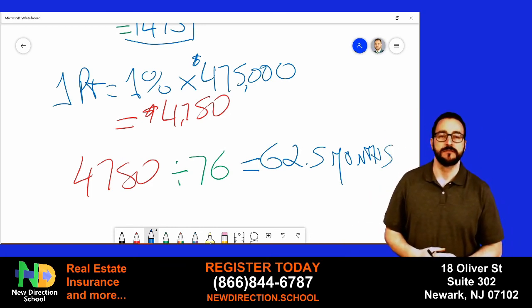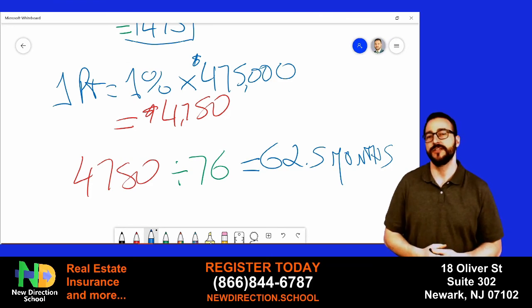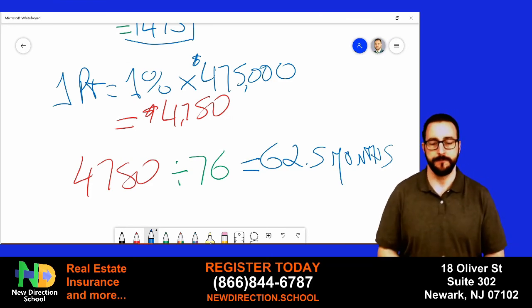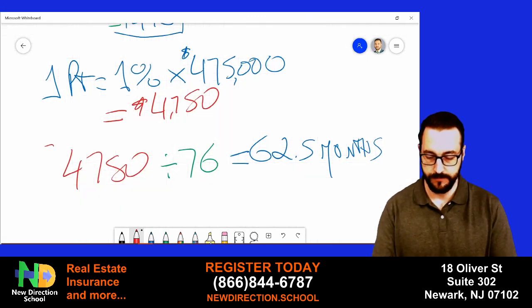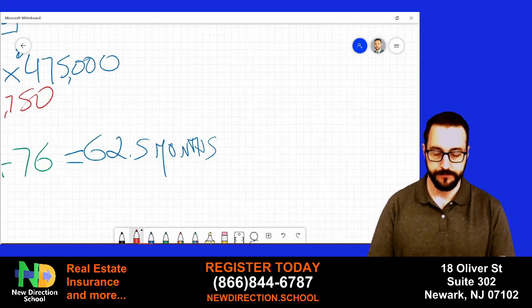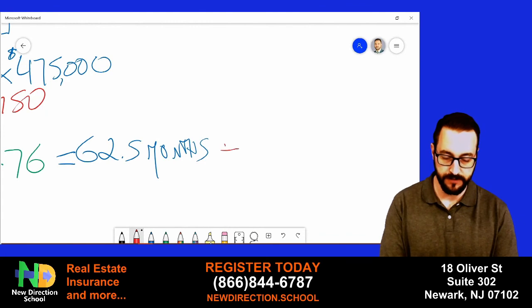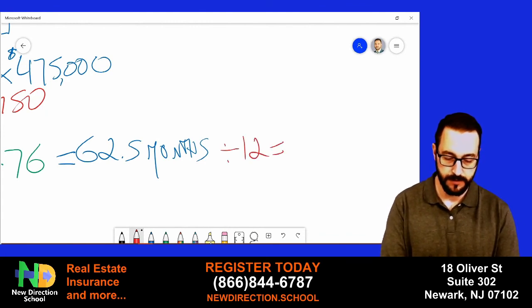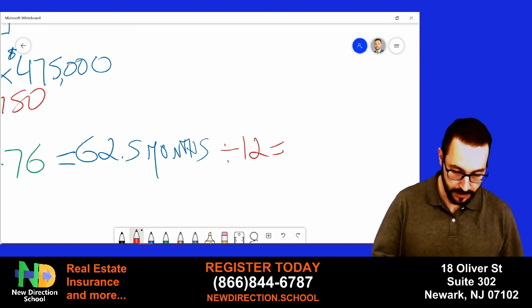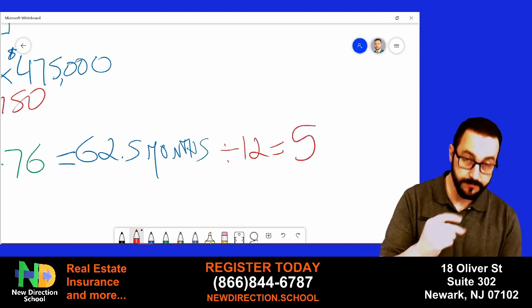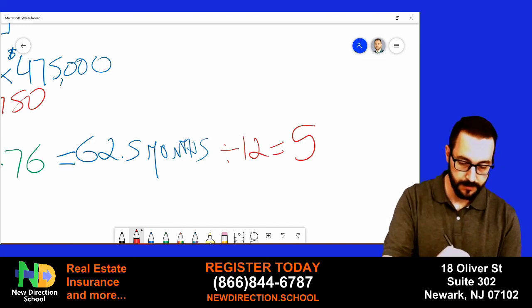62.5 months. How many months do we have in a year? 12. Okay? So we're going to divide this by 12. And that equals, so it's 5 years, right? 5 years.